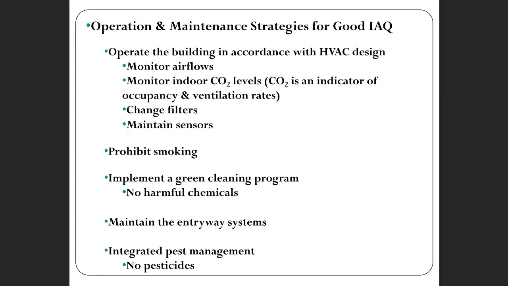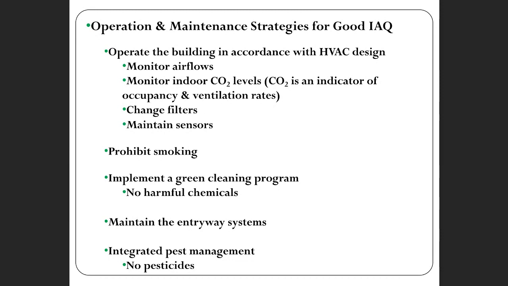What are some of the things that we will do in, I think I had this slide before, my apologies. Again, repetition in operating and maintenance, the folks that run the building, operate the building, right? They're going to monitor the amount of outside air they bring in.